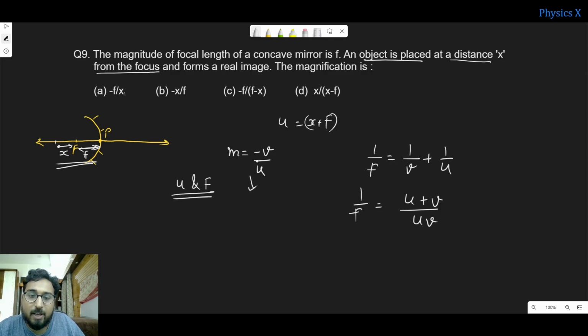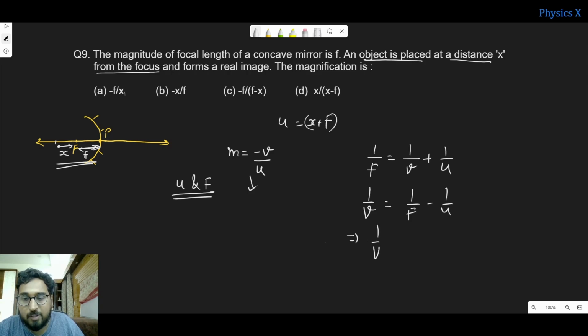And from here I can substitute. So I can write 1 by v is equal to 1 by f minus 1 by u.